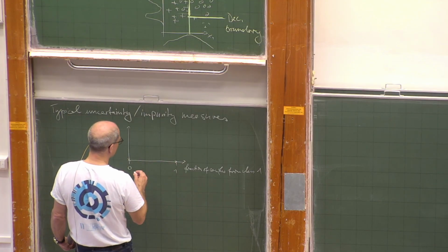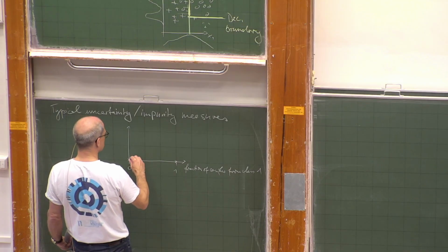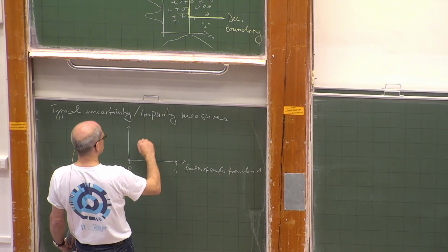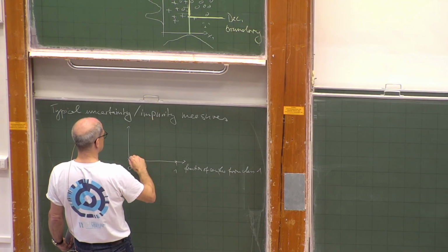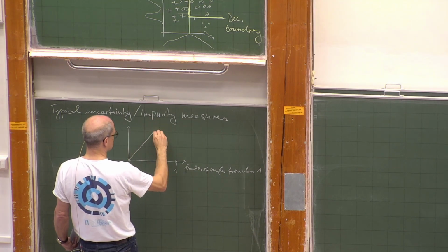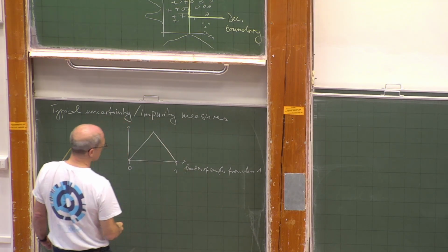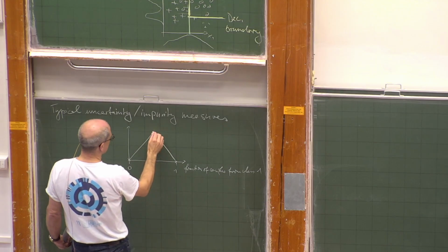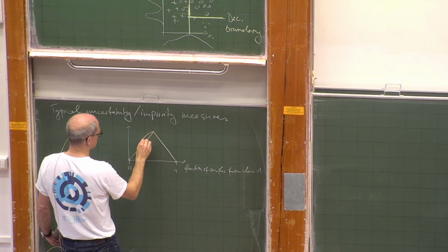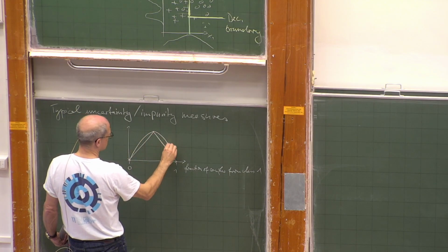And now there are different choices of what we could do. For example, I could do this, or I could do that. That's a parabola.